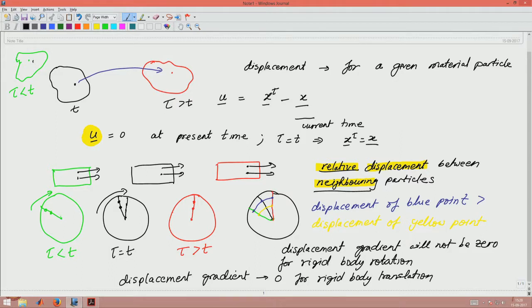So, clearly relative displacement or displacement gradient is useful in terms of tracking the deformation in the material, but if rigid body rotation is involved, then it will give us a picture that there is non-zero displacement gradient. However, we know that material is in fact not deforming.